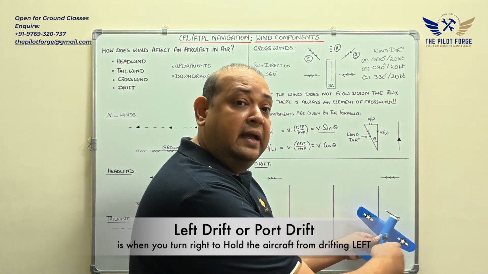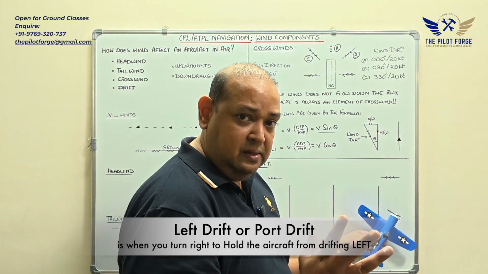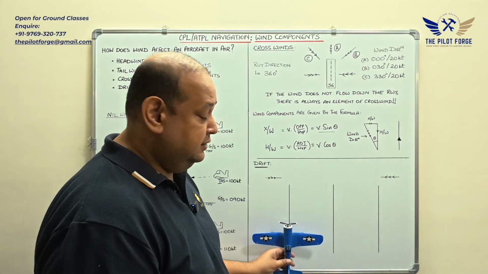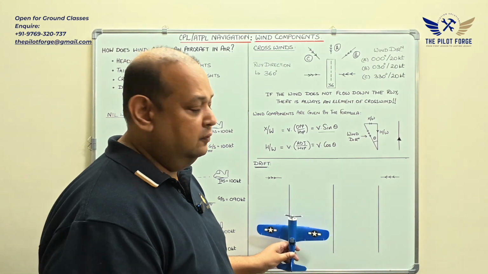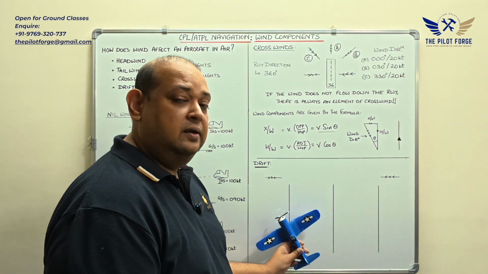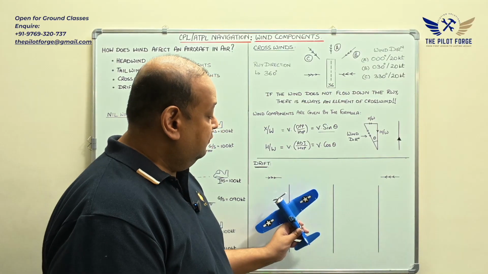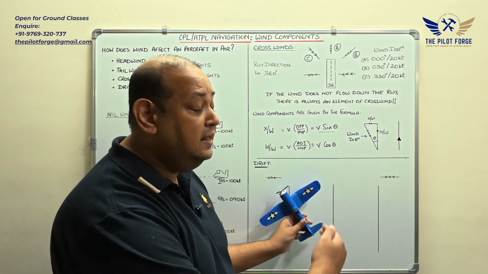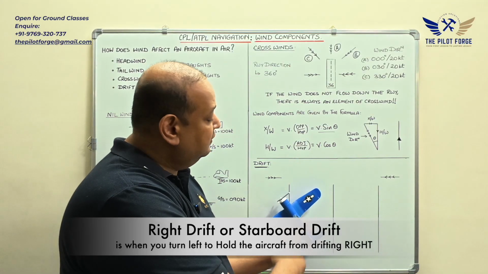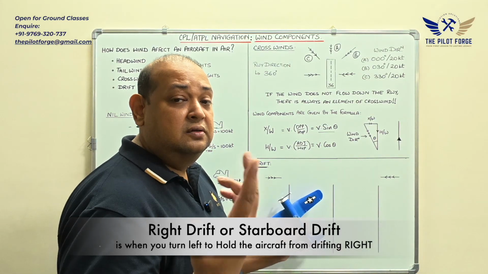We are holding left drift. Simple. Left drift is also called port drift. In this situation too, if we did not correct for the wind, we would get blown to the right. So, what we are doing is we are holding right drift. We are holding the aircraft from drifting off to the right. This is right drift. Right drift is also called starboard drift.